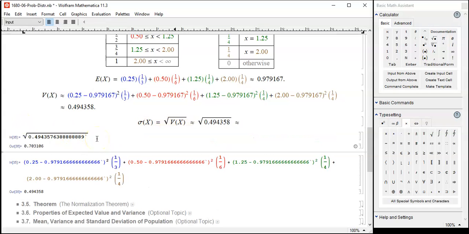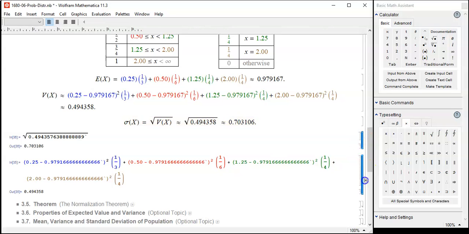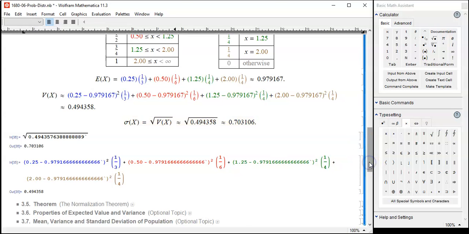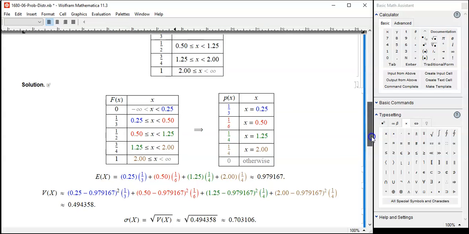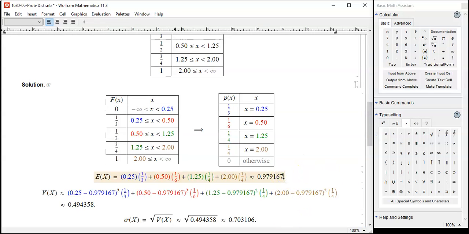Let's run the calculation. 0.703 something. Okay. There you go. So expected value, not too bad. Just multiply, multiply, multiply, multiply, and then add them all up.